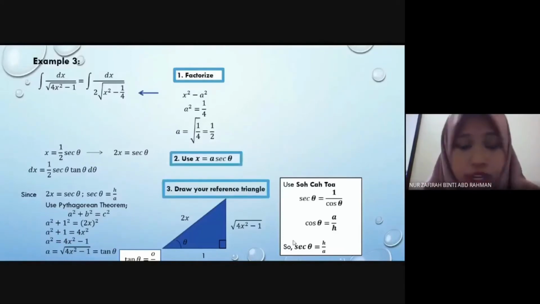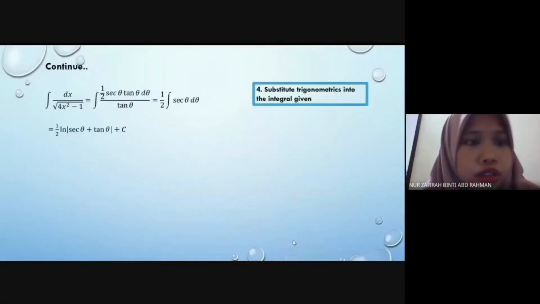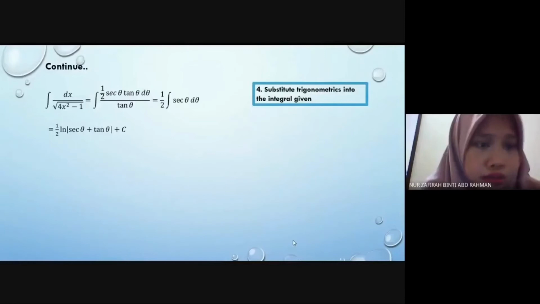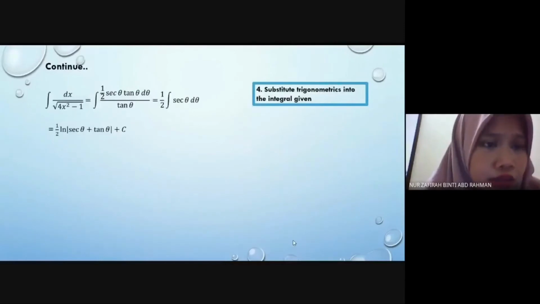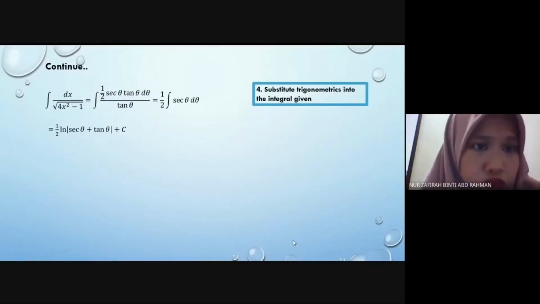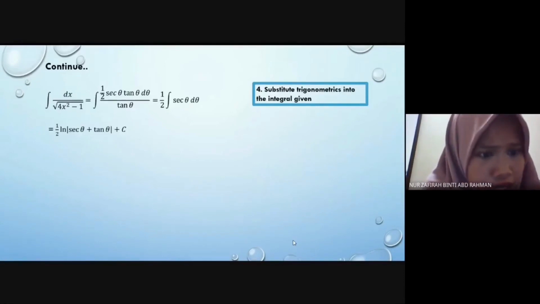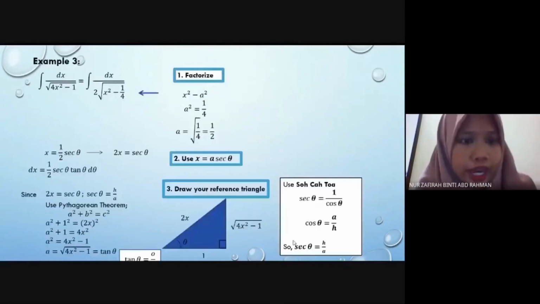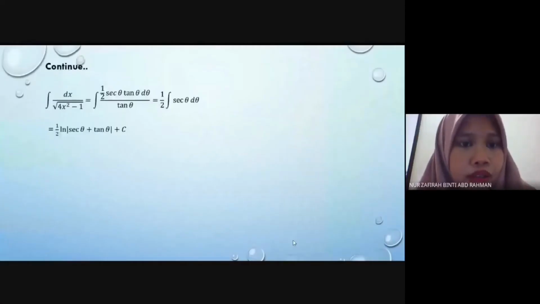Next, from the values that we got, we substitute back trigonometry into the integral given. Integrate dx over square root of 4x squared minus 1 equal to, we substitute back, integrate 1 over 2 secant theta tangent theta d theta, which is the value of dx, over tangent theta that we got, square root of 4x squared minus 1.